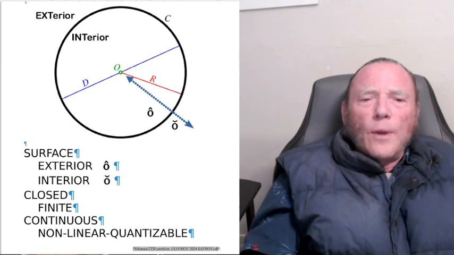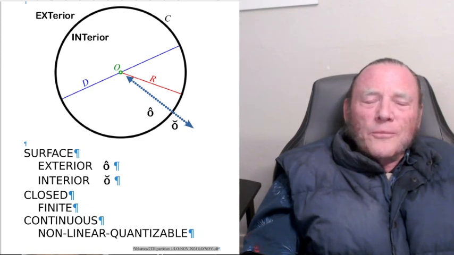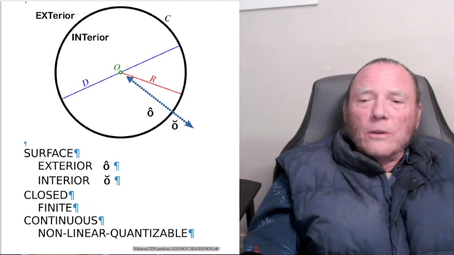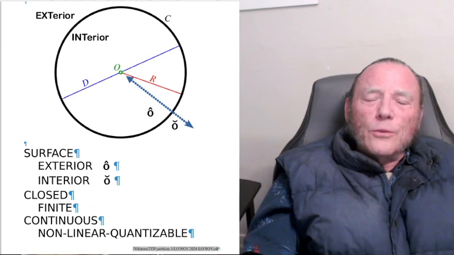Well, if you go halfway to the center on D, that's 1 over 2. If you extend that blue line out to 2 over 1, then those 2 numbers represent the surface.